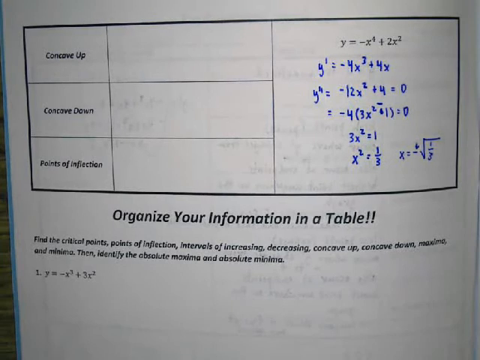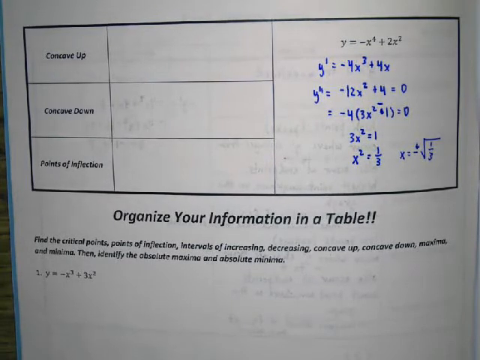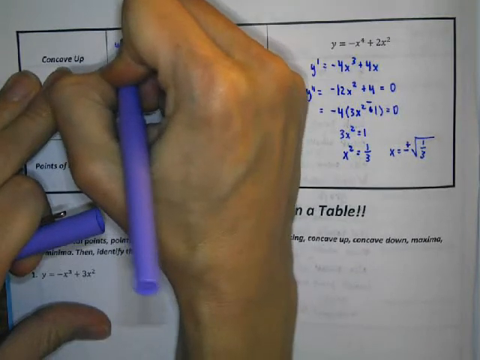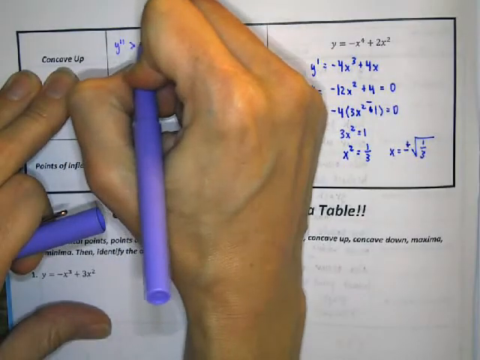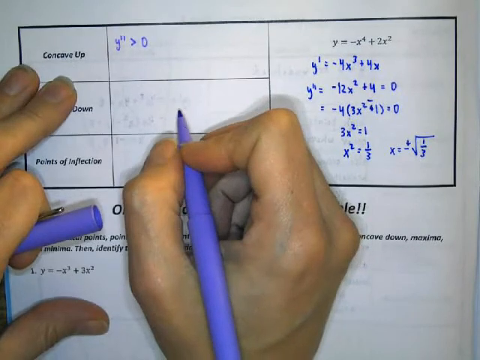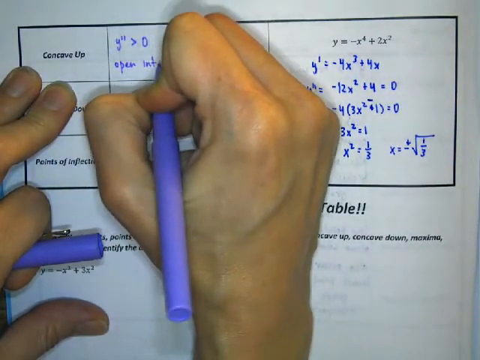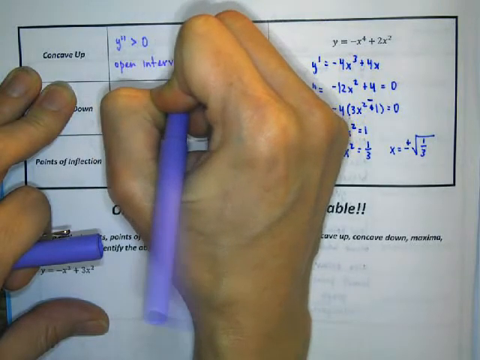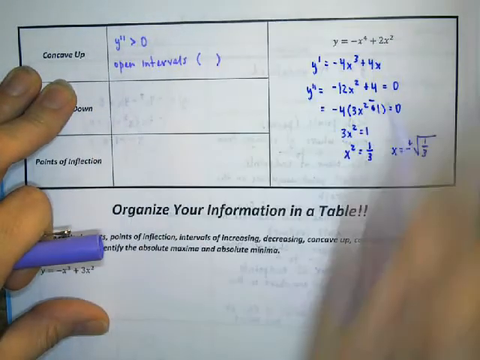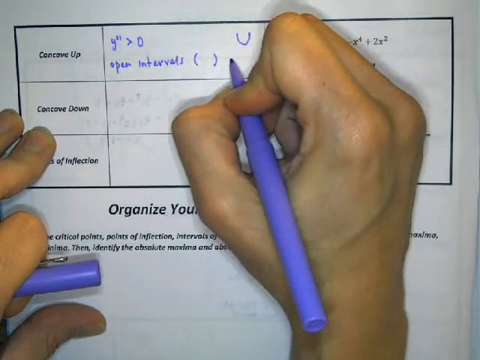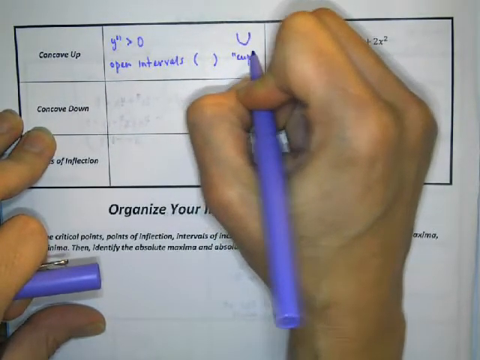So, for concavity, if you think back, we said we're concave up wherever our second derivative is greater than 0. And we always work with open intervals when we're talking about concavity. And remember, if it's concave up, it opens up like a cup.